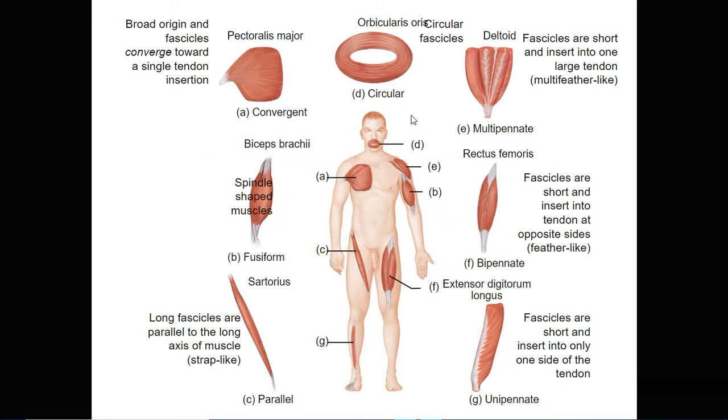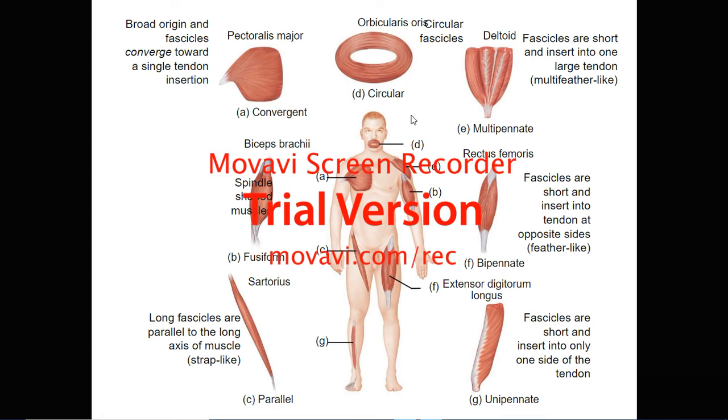All right, so now let's talk about convergent muscles. A convergent muscle has a broad origin, and its fascicles converge toward a single tendon of insertion.